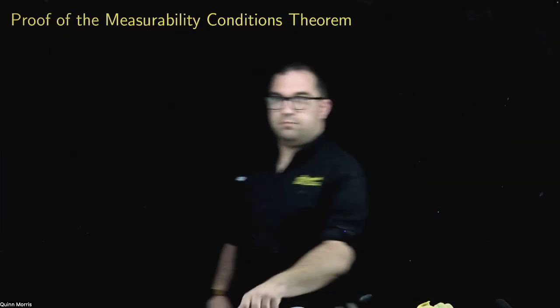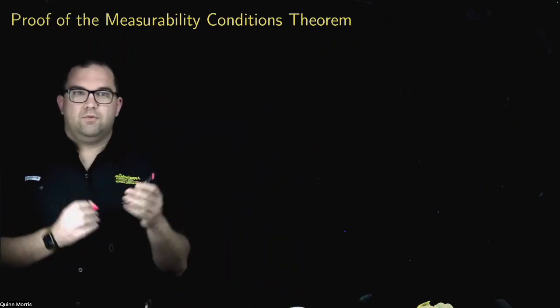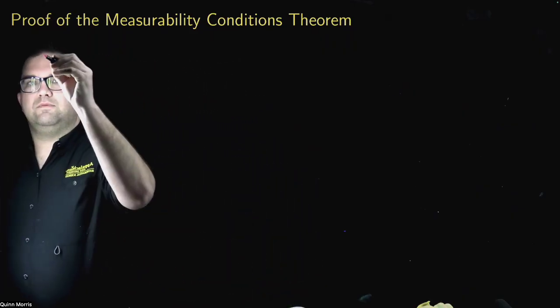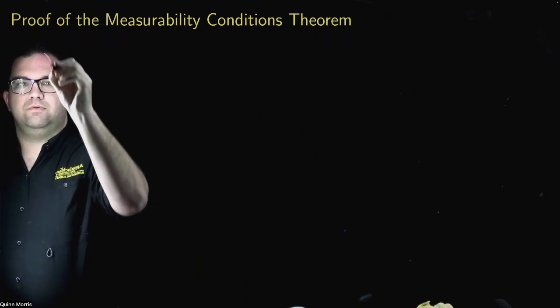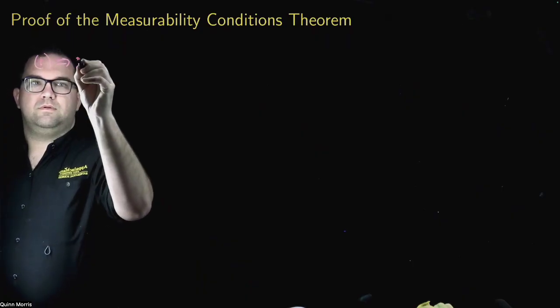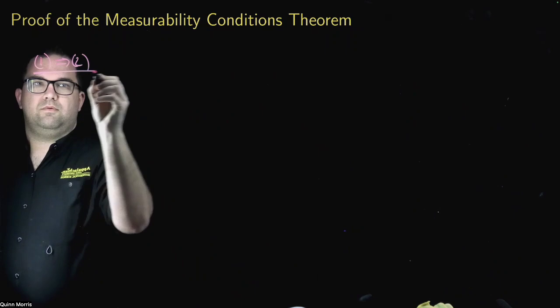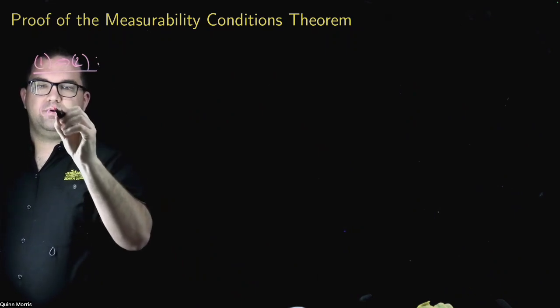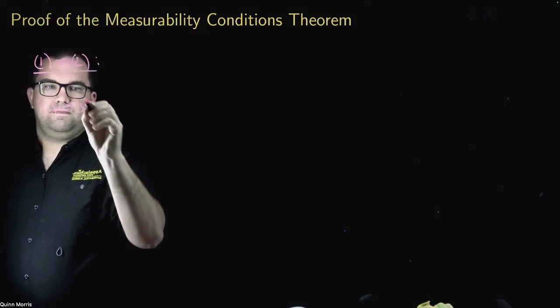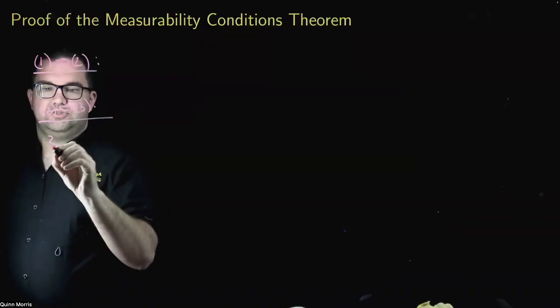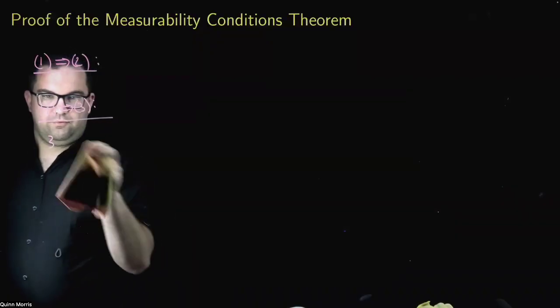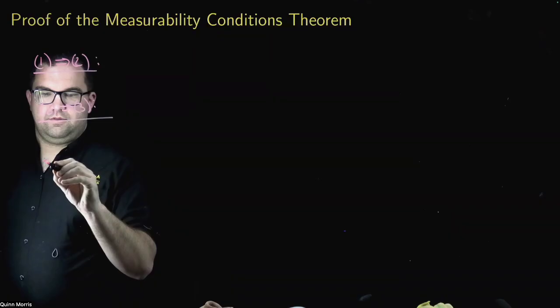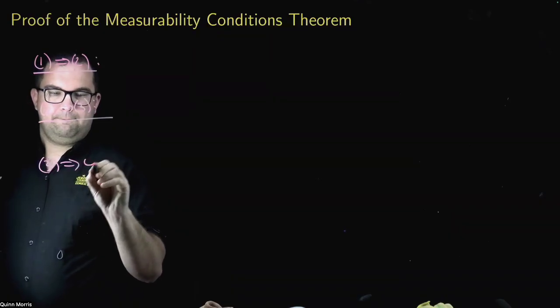So anytime I want to prove something that says the following are equivalent, the idea is I want to show that 1 implies 2. Then I want to show that 2 implies 3. Then I want to show that 3 implies 4.